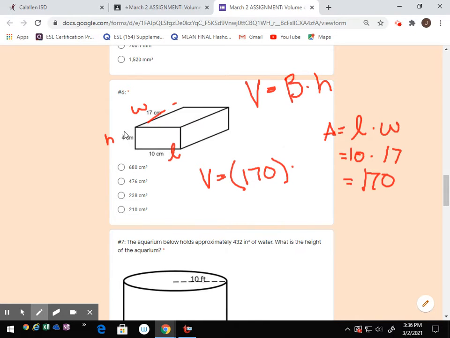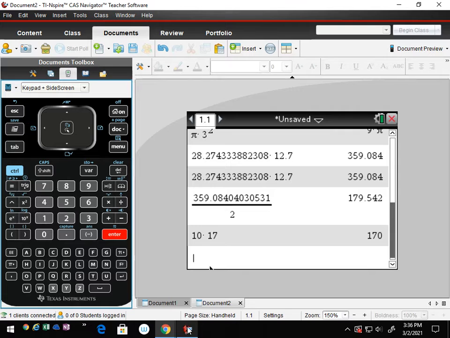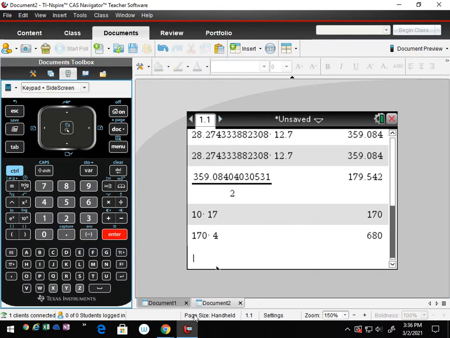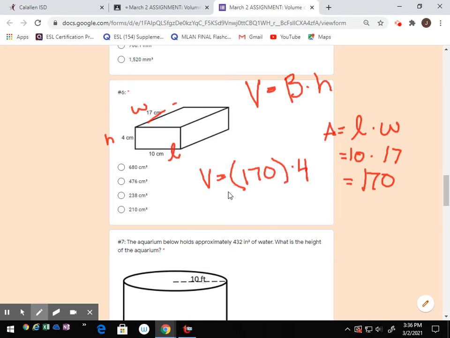Our height of the image is 4. So 170 times 4 is 680. And we see our units are centimeters cubed. Okay? So volume is equal to 680 centimeters cubed, which is answer choice A.